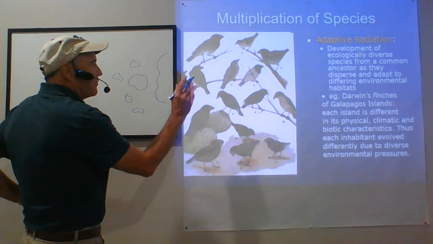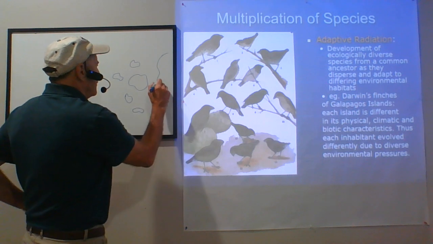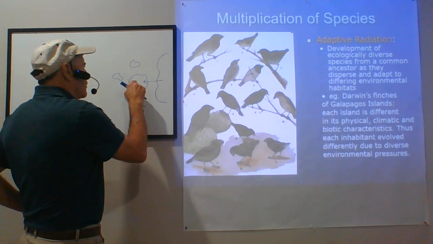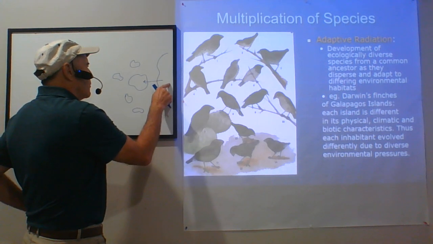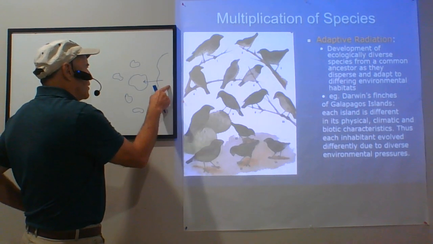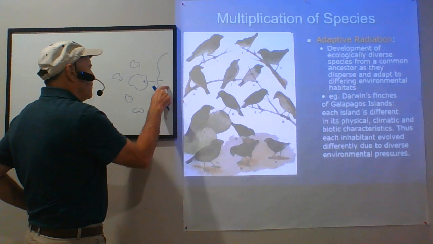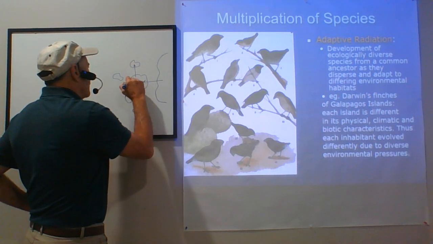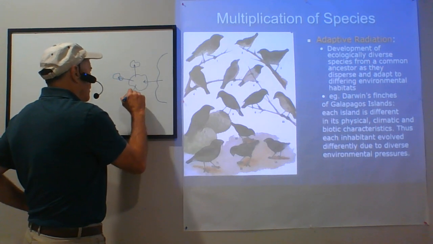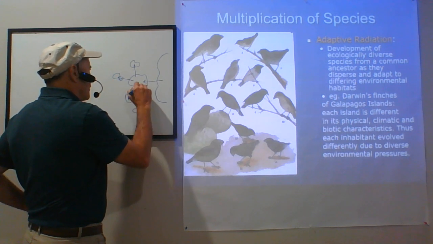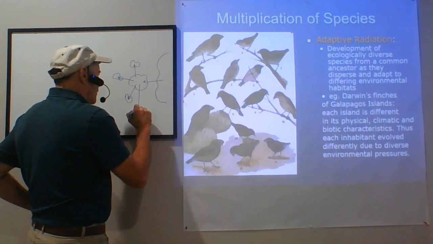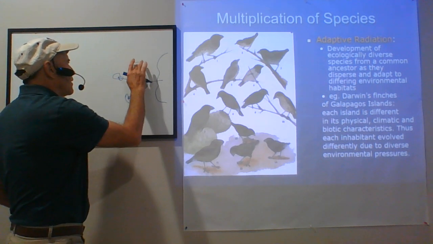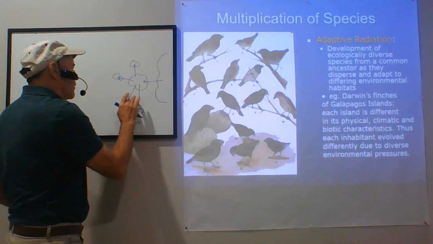So now, finches. He noticed that on this mainland island, there were finches who were the same as the ones from the mainland. These finches here and these finches here were the same. But then he noticed that on the surrounding islands, the finches, the birds of the same type, were a little bit different here and there and there and there.